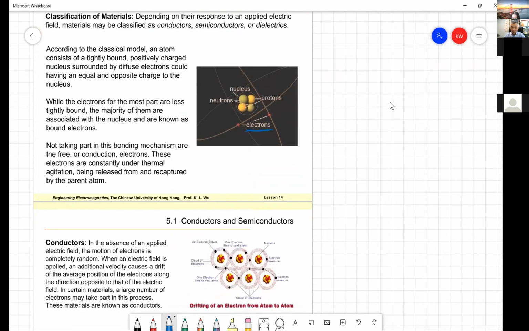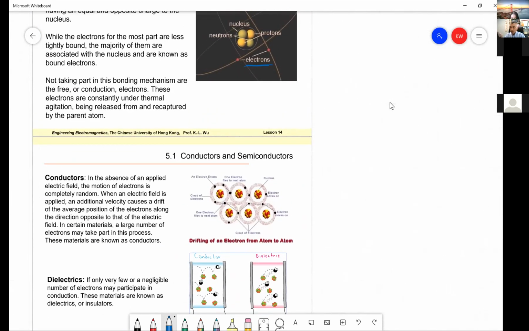we divide materials into conductors, semiconductors, and dielectrics. Let's talk about conductors first. In this case, we have a cloud of electrons, a lot more electrons freely moving around the nucleus.